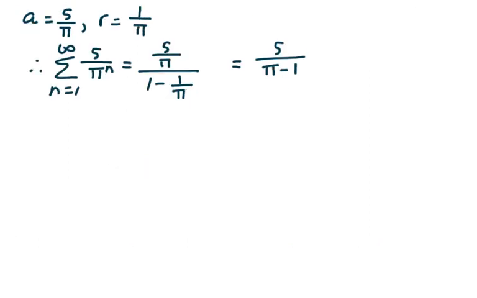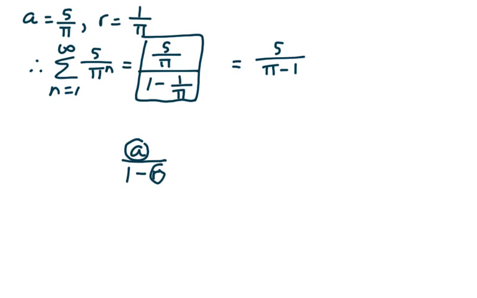And so to get the sum, a equals 5 over pi and r equals 1 over pi. And so the sum ends up being 5 over pi divided by 1 minus 1 over pi. So I'm thinking a over 1 minus r, and I'm plugging in the value for a and the value for r, and I'm doing it right here.